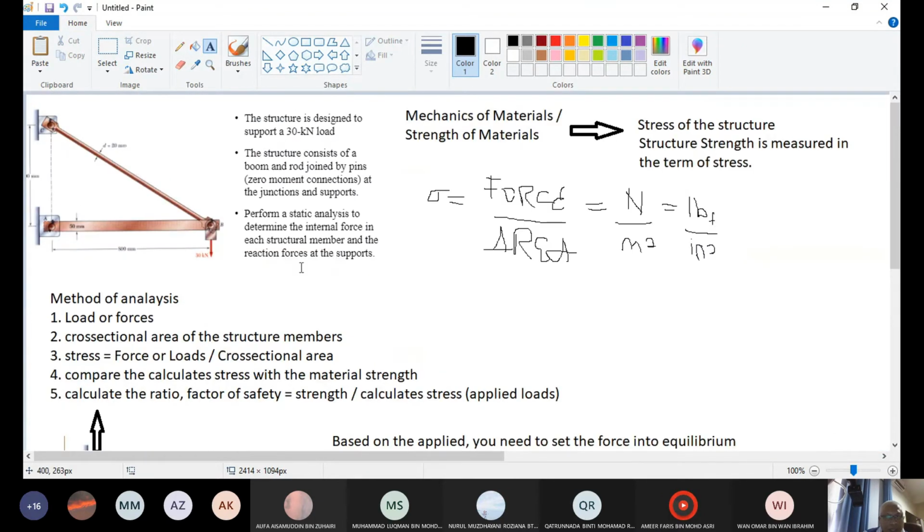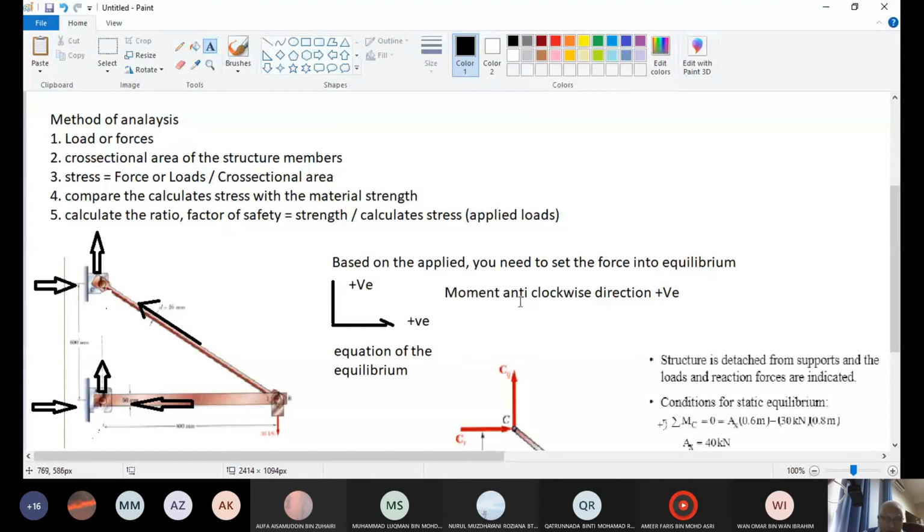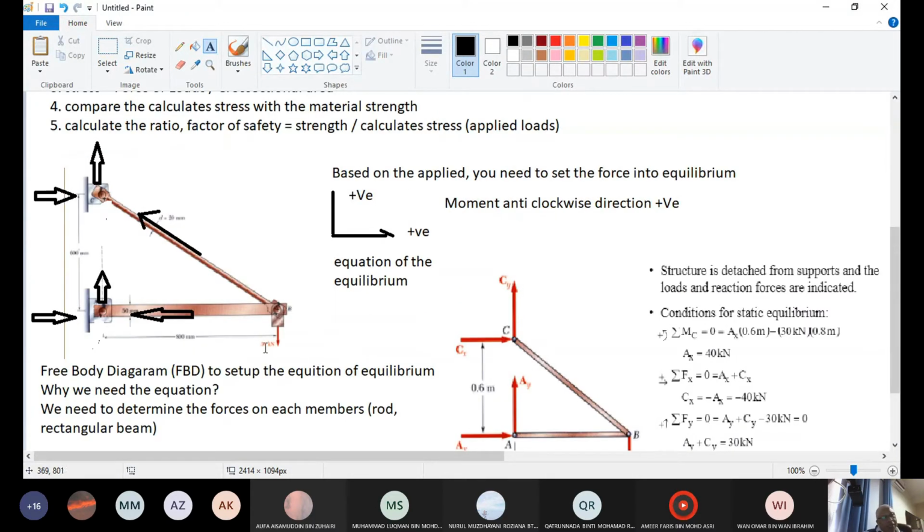Because force over area will give you stress. The stress we compare with the material strength, and from there we know whether the beam is able to carry the 30 kilonewton or not.